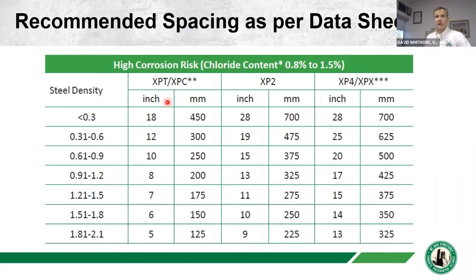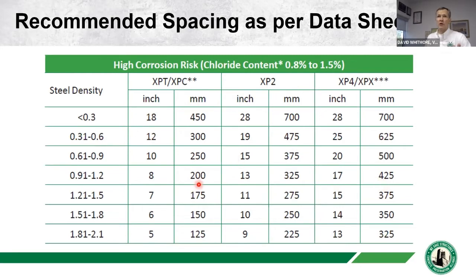You can use the smaller anodes at 200 millimeter spacing. You can use kind of the middle-sized anodes at 325 millimeter spacing. You can use the larger anodes at 425 millimeter spacing. All 3 of those options will give you the same current density to the steel.